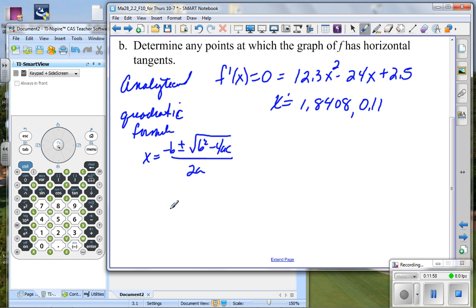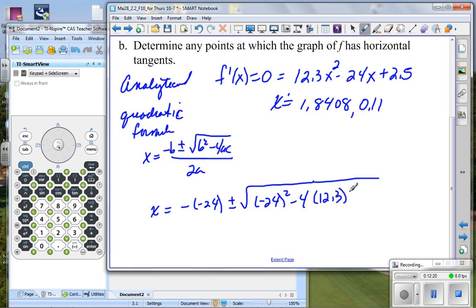Now, let's just go through this and remind ourselves how to do this. It would be the opposite of our coefficient here, negative 24, plus or minus the square root of negative 24 squared, minus 4 times a, the coefficient of our leading term, 12.3, times c, our constant term, 2.5, all of that divided by 2 times our leading coefficient.